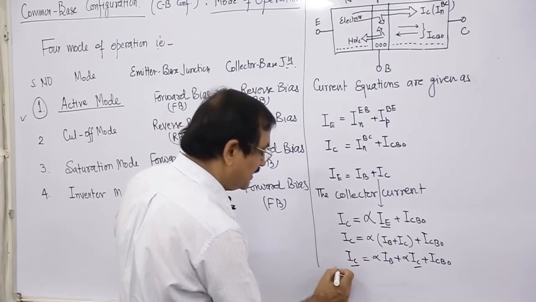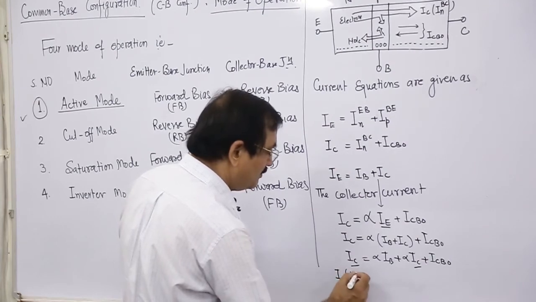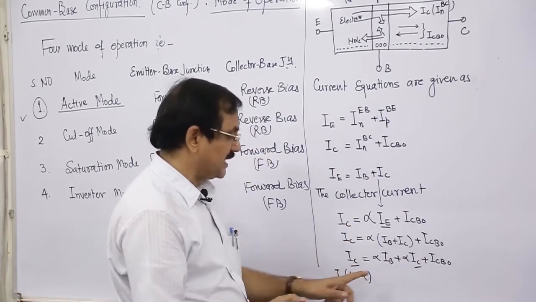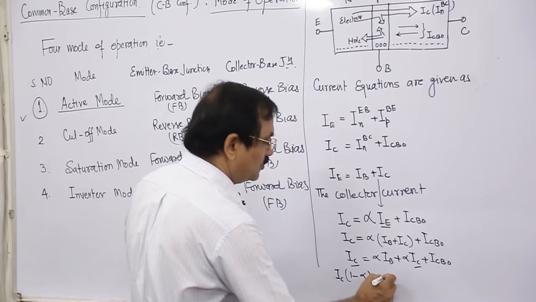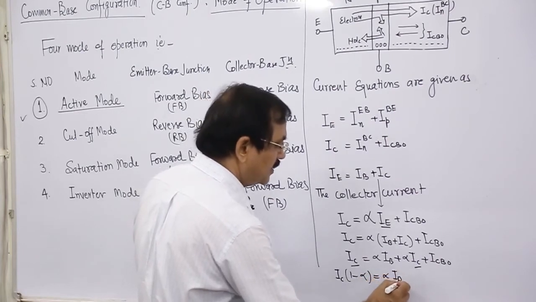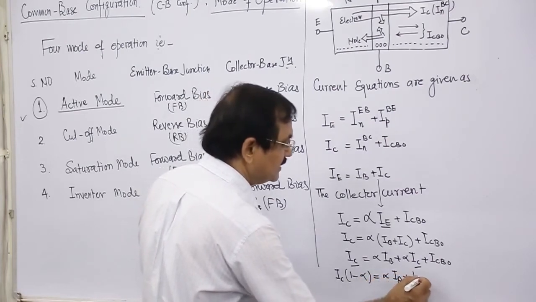So the value is IC times 1 minus alpha equals alpha IB plus ICBO.